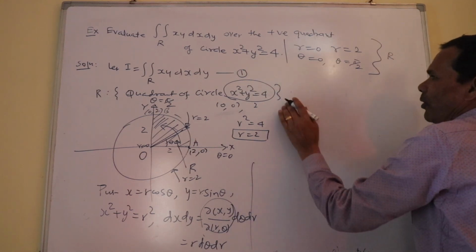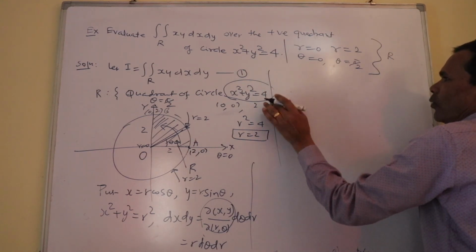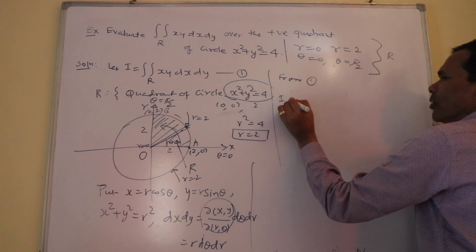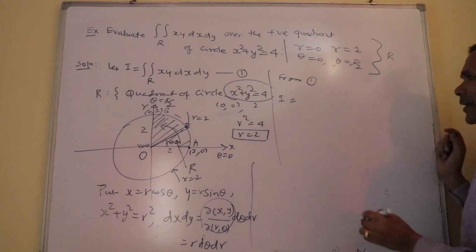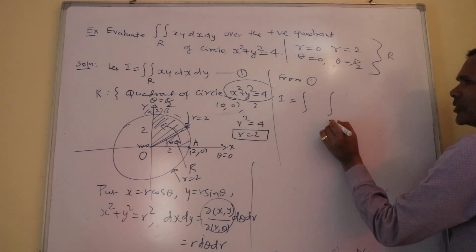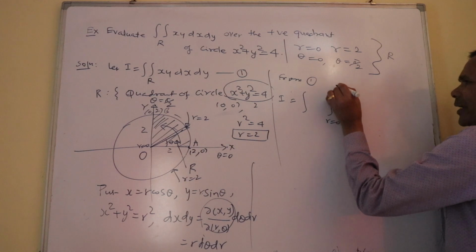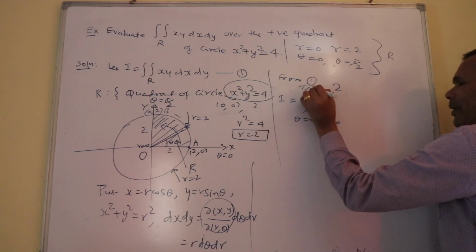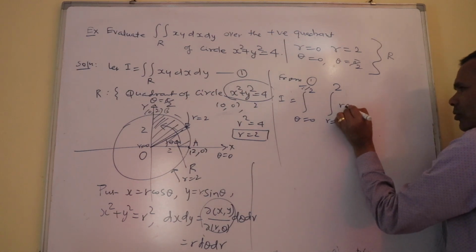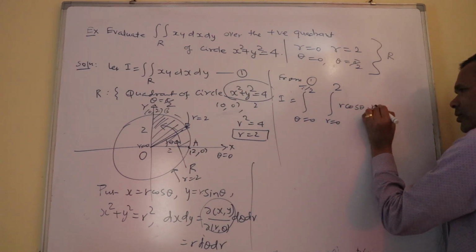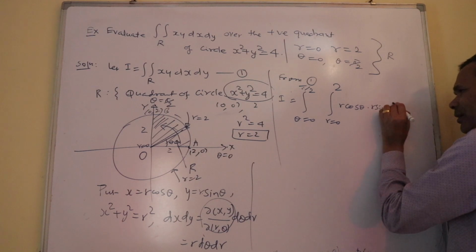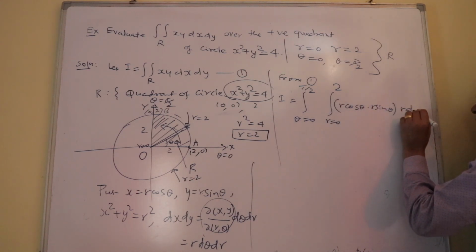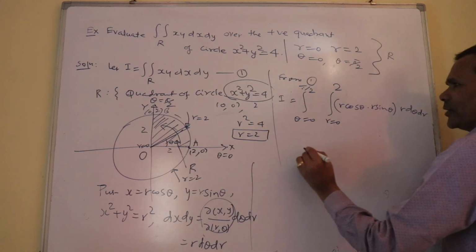So we get it transformed from 1. I is equal to, I just put the limits and transform into polar. r is equal to 0 to 2, theta is equal to 0 to pi by 2, and x is equal to r cos theta, y is equal to r sin theta, and dx dy, as I said right now, is r d theta dr. So I simplify this.